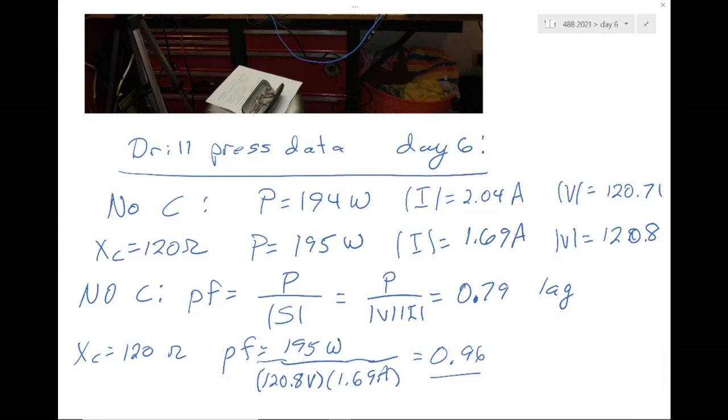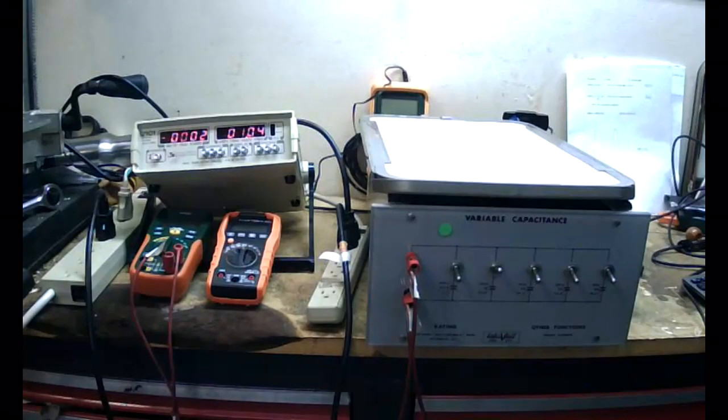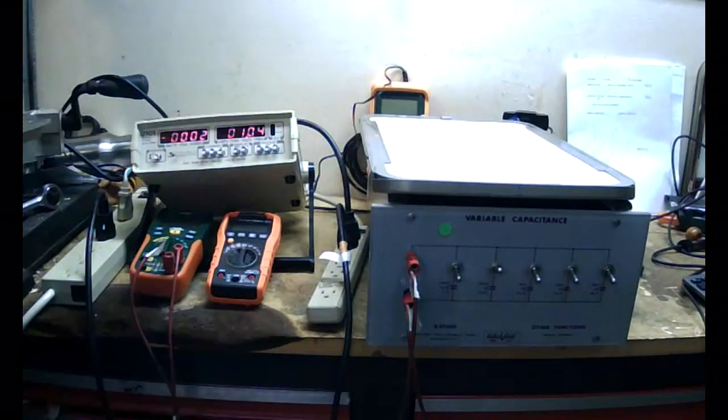Let's turn this demonstration back on and talk about that, because I don't know. And to know for sure, I would need either a more finely variable capacitor or connect the oscilloscope again and see which waveform is lagging or leading.